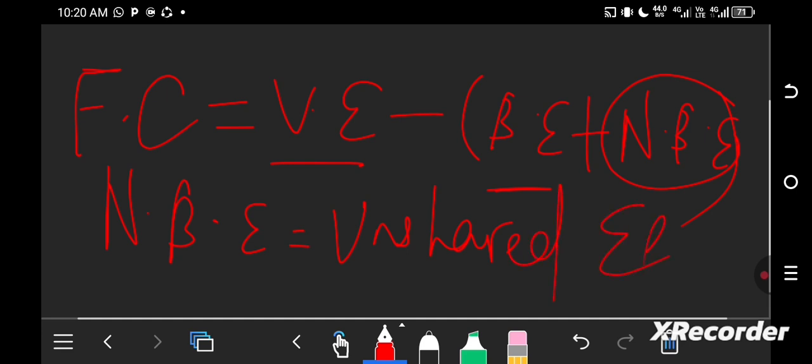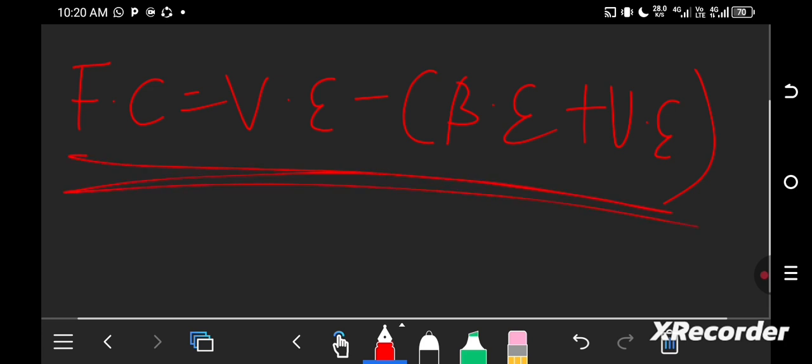So we can also write the formula as formal charge is equal to the valence electrons minus, open bracket, the bonding electrons plus the unshared electrons. Basically this is the formula you can use. Formal charge is equal to valence electrons minus bonding electrons plus unshared electrons, and these must be in parentheses. Unshared electrons are also known as non-bonding electrons.